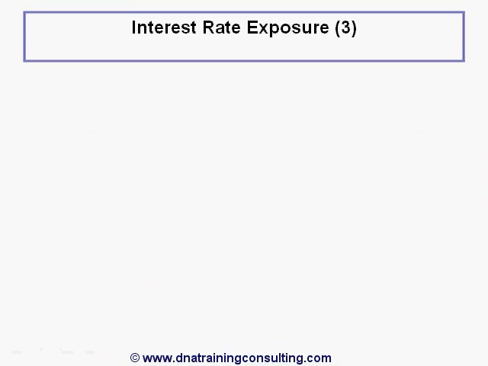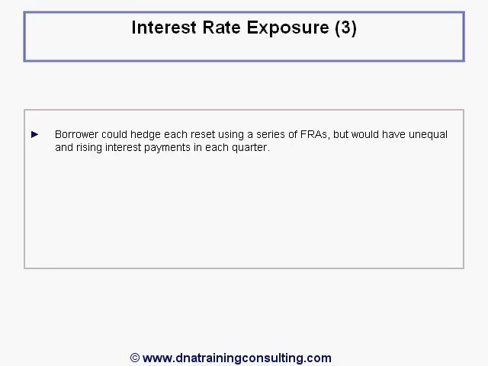You should readily recognize that the borrower could lock in via individual FRAs the appropriate forward rate for each of the 11 periods for which LIBOR will be resetting. And by doing so, he would have eliminated all future variability in the cost of this debt.